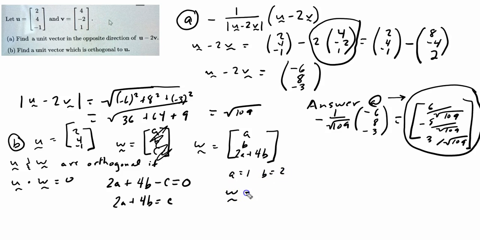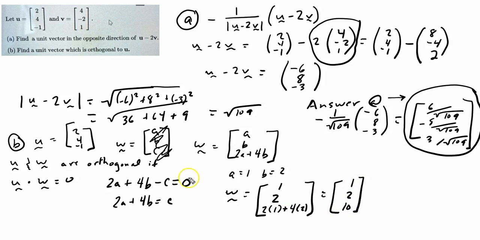Then I claim that this vector, 1, 2, and then 2 times A, so 2 times 1, plus 4 times B, so in this case 4 times 2, that's going to be 1, 2, and 2 plus 8, which is 10. I claim that that vector is orthogonal to U, which it is.